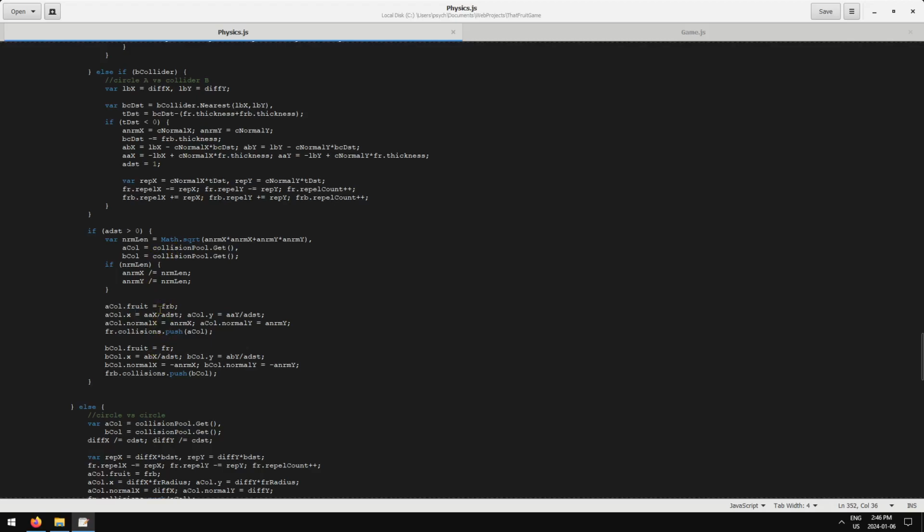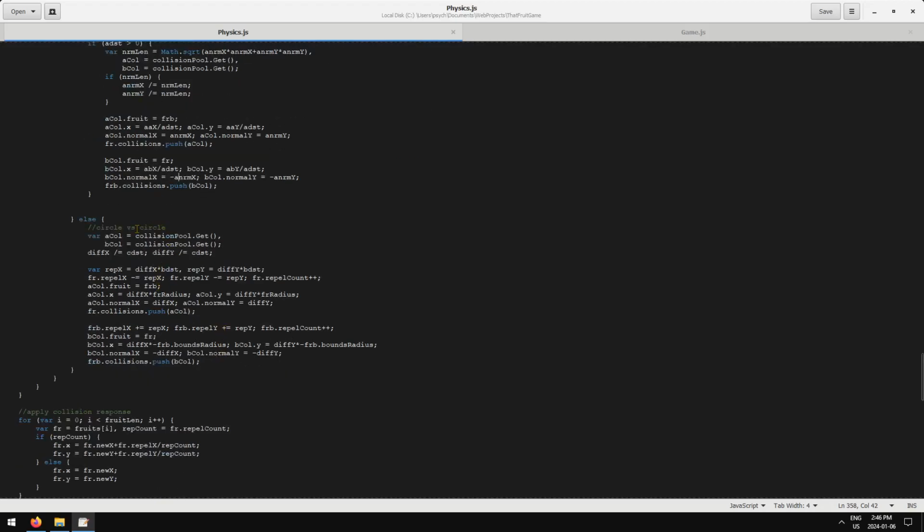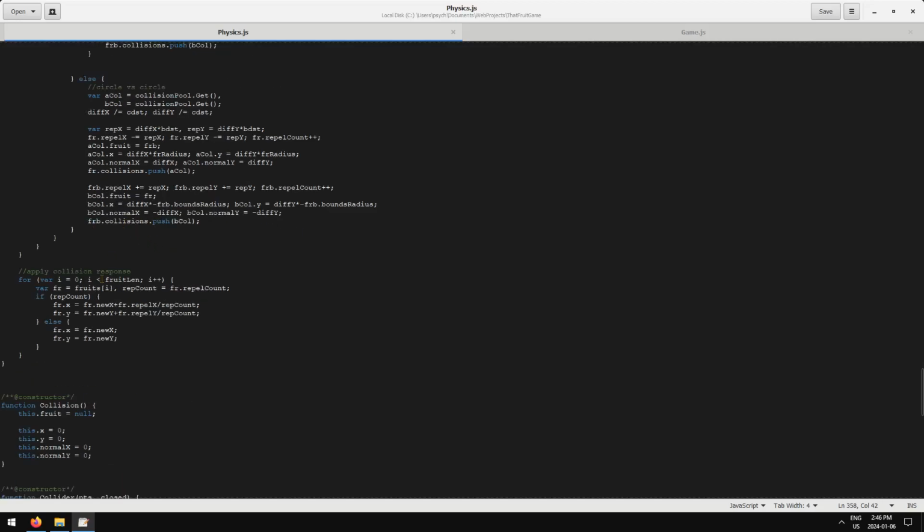These each have their own local position, and the normal is just flipped for one of them. Then we have circle versus circle, which is also easy. It's just the distance or direction between the two points, the circles.